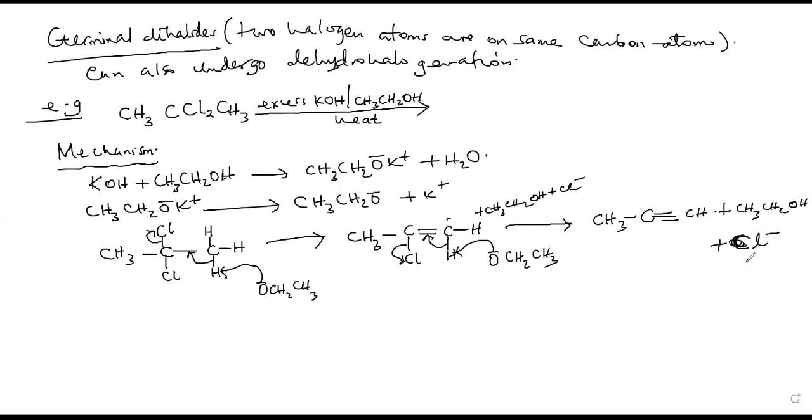Then now the Cl, this one, can react with this to form potassium chloride. As simple as that. So those are the reactions about the dehydrohalogenation of dihalides.